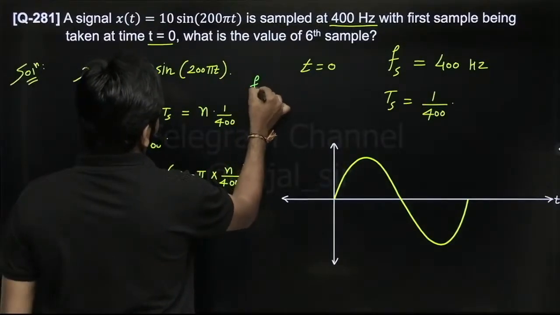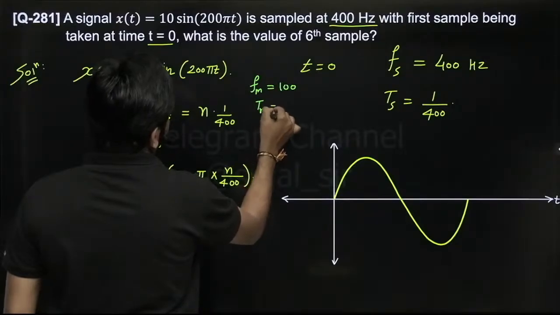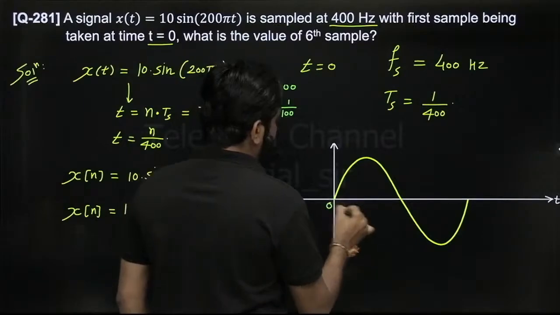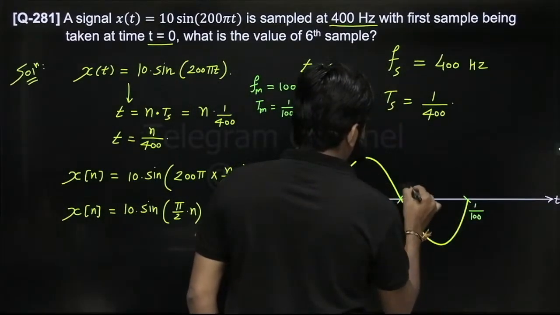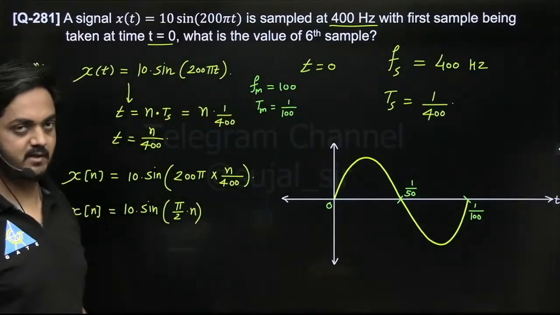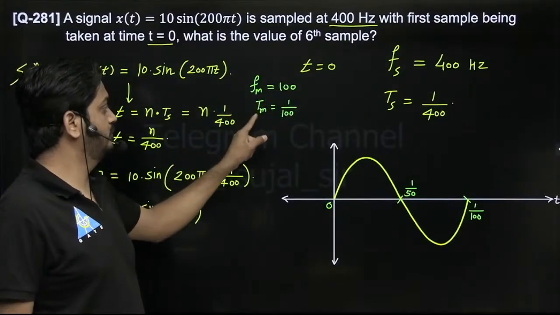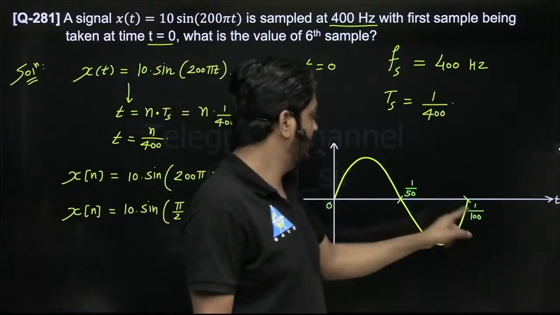Fm is equal to 100 hertz, so Tm is equal to 1 upon 100 second. So this is 0, this is 1 by 100, this is 1 upon 50.